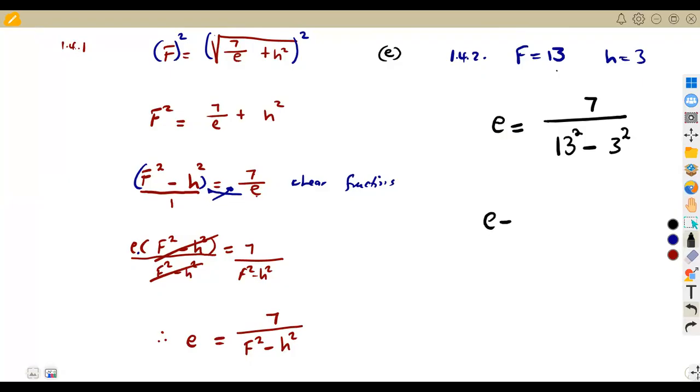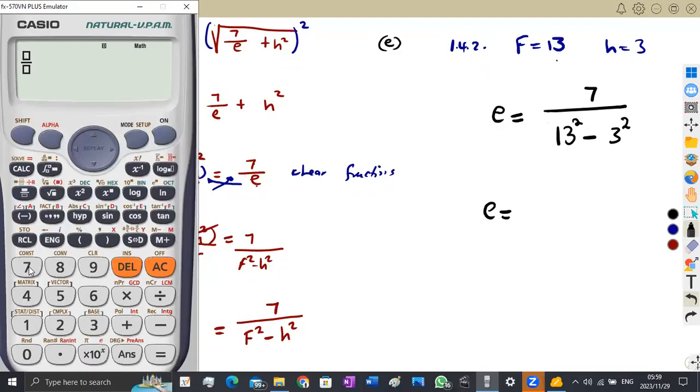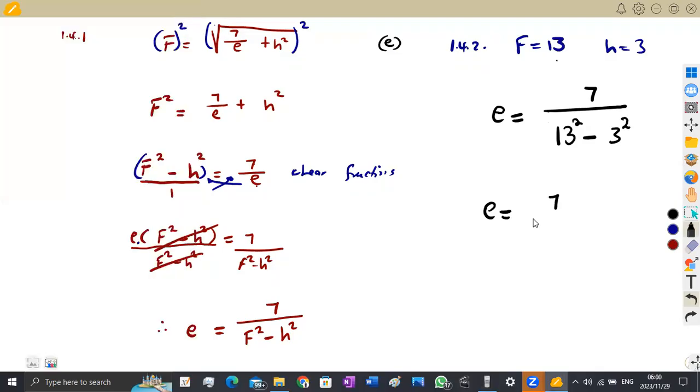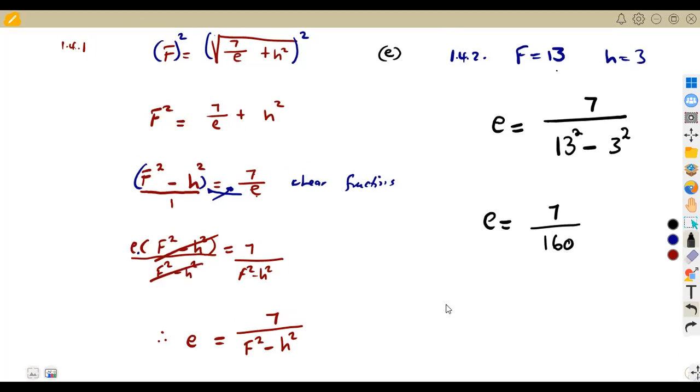So that is going to give us the number that represents e in this case, and you can just use your calculator for that. That is 7 over 13 squared minus 3 squared, which is going to be 7 over 160. So this is how we could have played around with this question.